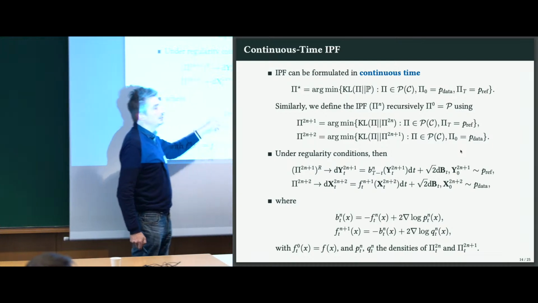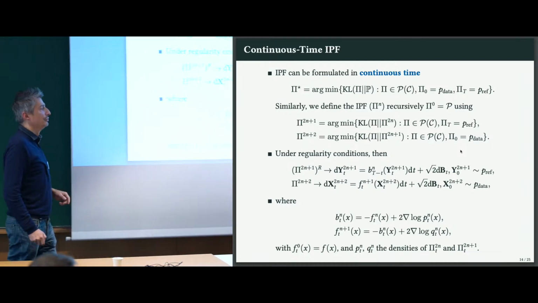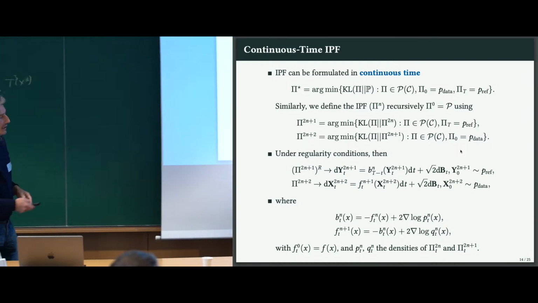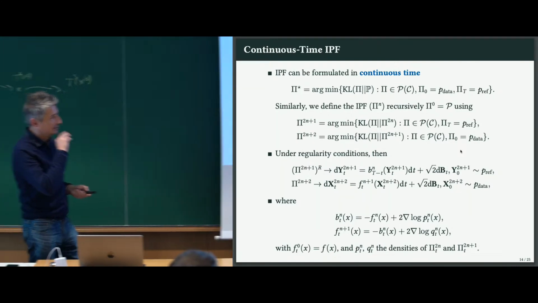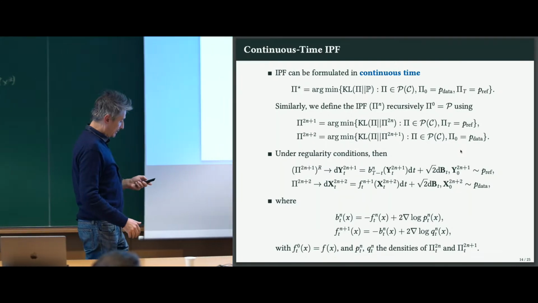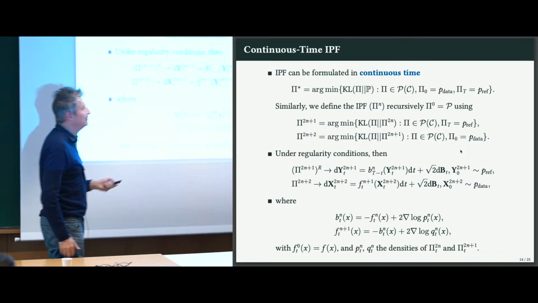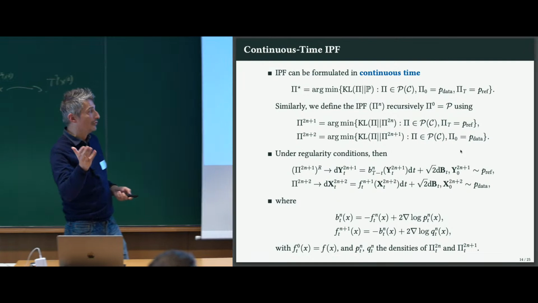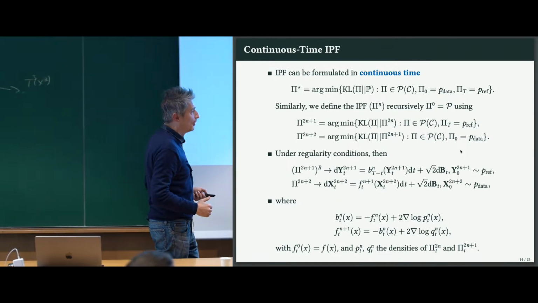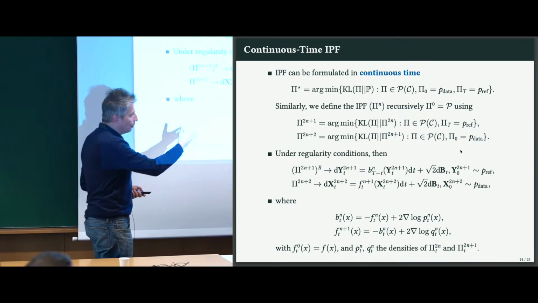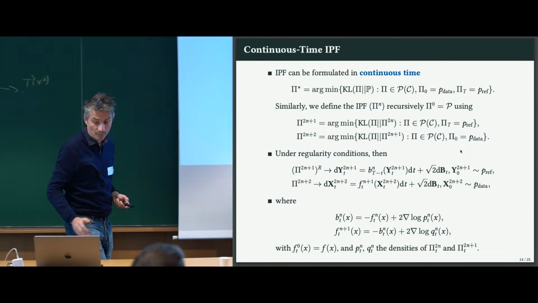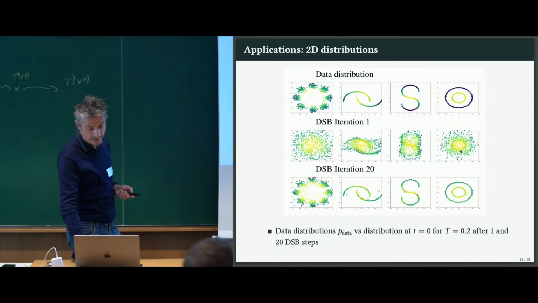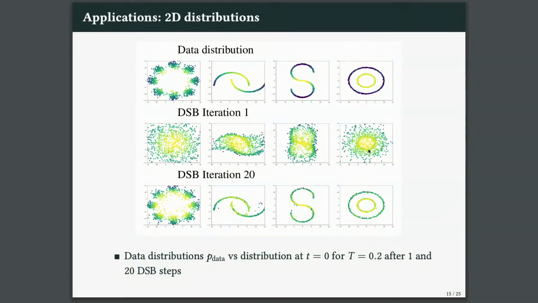And you have a relationship between the drifts between iterations. This recursion involves the score of either the previous forward process or the previous backward process, which you can again estimate using the score matching idea. So I'm not going to repeat that. I give you here some illustration.